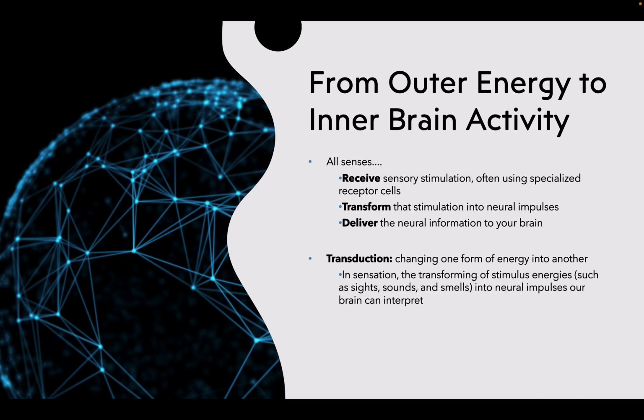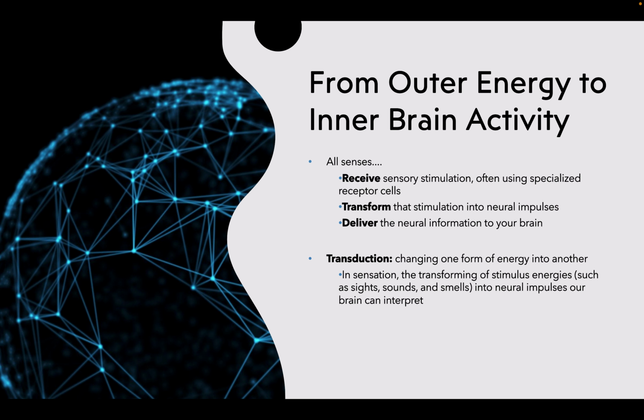So how does the outer energy, the energy around us, turn into the inner brain activity that is perception? It does this in a 3-step process, and this is done for all of our senses. So first, we receive the sensory stimulation.